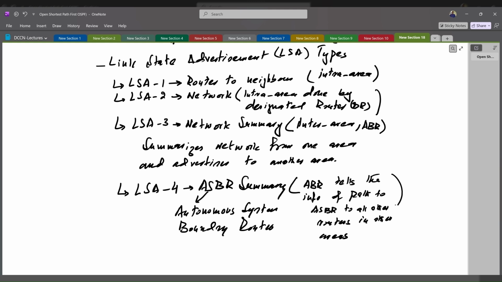Clear? LSA 3 is network summary, where I summarize an area's information and advertise it to the other area. And LSA 4 is where the area border router tells all the routers the path to the autonomous system boundary router. Then we have LSA 5.